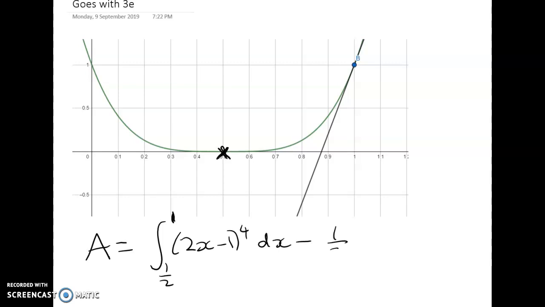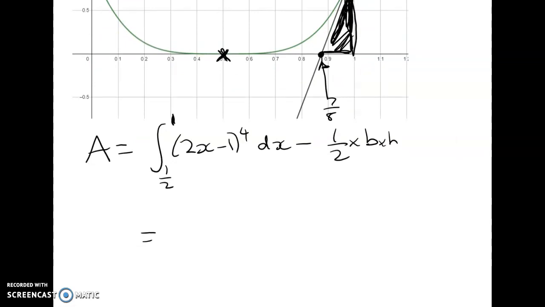And then it's minus half times the base times the height. So we now know that this point is equal to 7/8. You could turn that into an ugly decimal if you want to, but I'm not going to. And here's this triangle drawn very, very badly, but you hopefully get the idea.